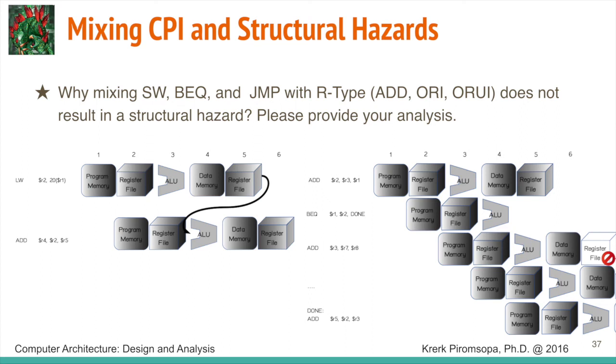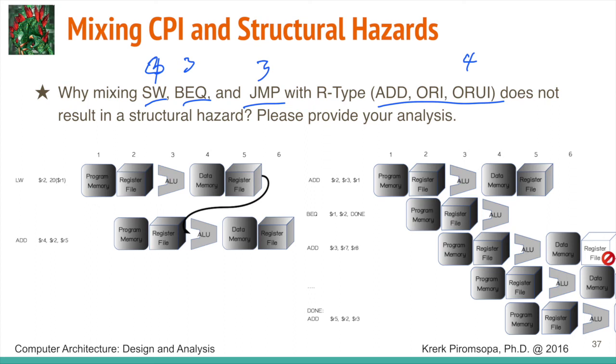My question is then, what if I try to mix store, branch, and jump, which use 4 or 3 cycles, with the R type, which uses 4, or even with the load instruction? Why don't we have structural hazard at all?